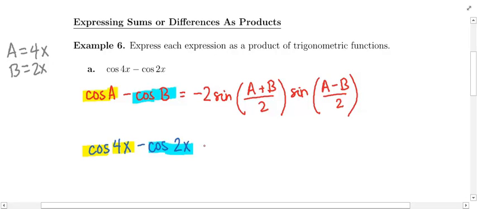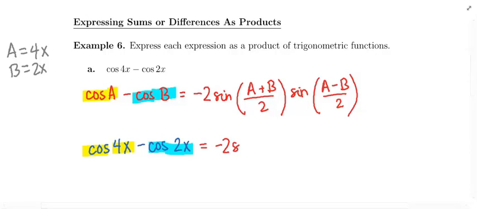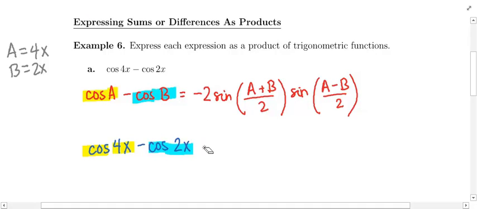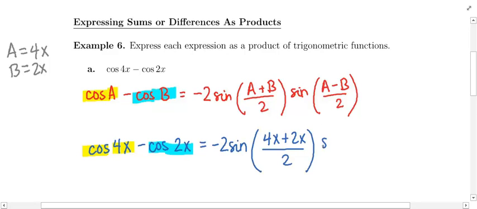So the cosine of 4x minus the cosine of 2x is going to be equal to -2 times the sine of the A value, 4x plus the B value, 2x, all of that divided by 2, times the sine of A, which is 4x, minus B, which is 2x, all divided by 2.